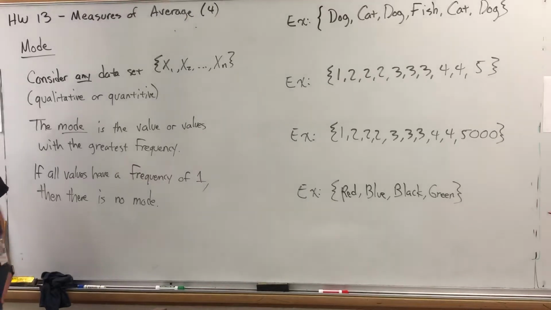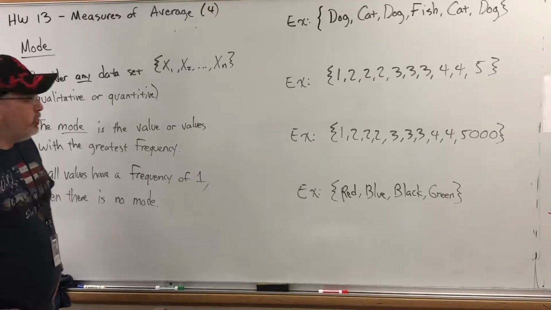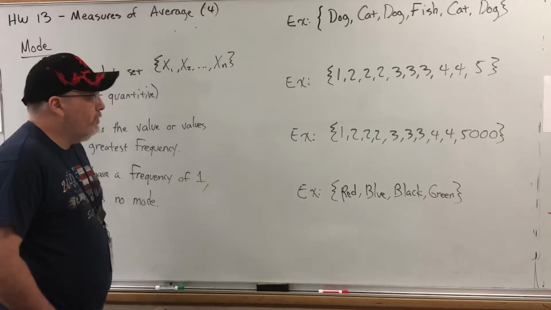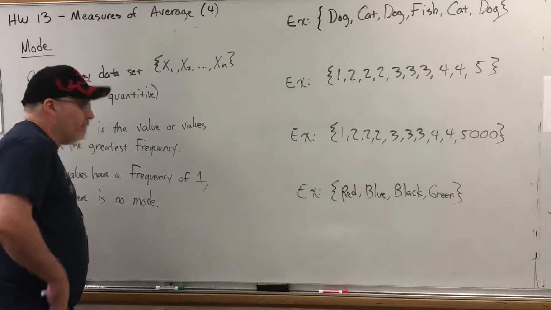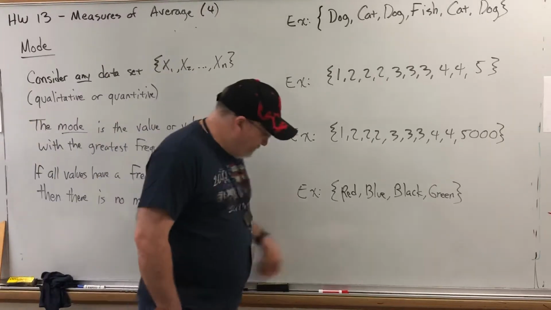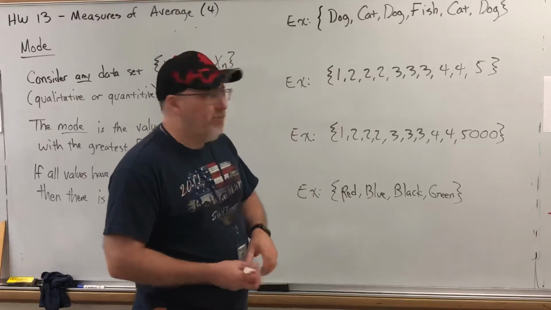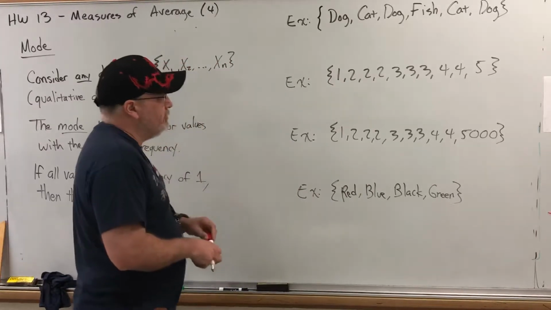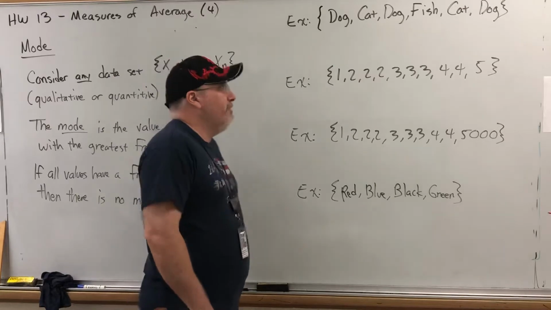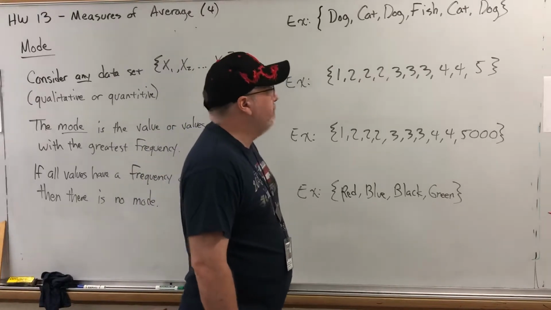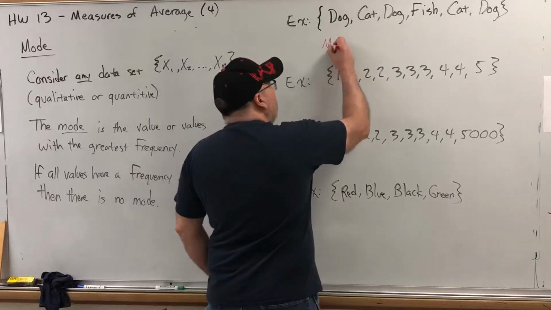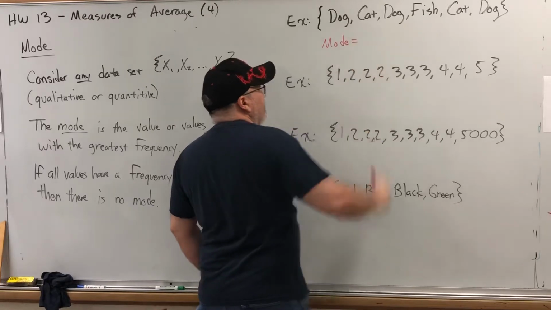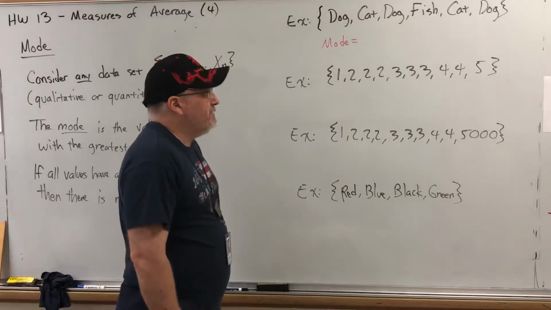So let's take a look at these 4 examples, 2 of which are qualitative, 2 of which are quantitative. The first of which is qualitative. The quality here is the type of animal that you are. Dog, fish, cat, and dog. Which value has the greatest frequency? I think it's pretty obvious.